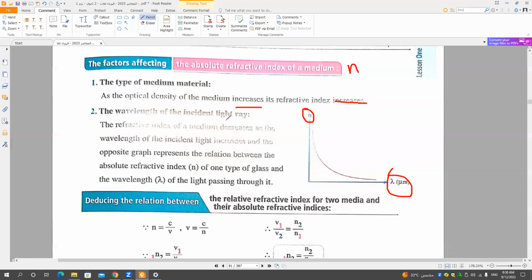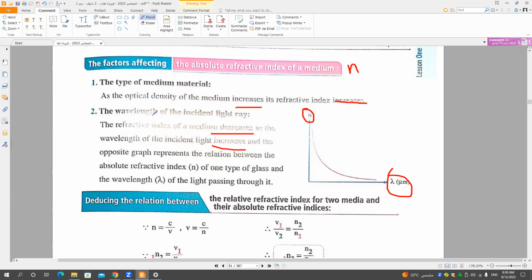Secondly, the wavelength of the incident light ray. The refractive index of the medium decreases as the wavelength increases. So red light has the lowest deviation and violet has the greatest deviation.